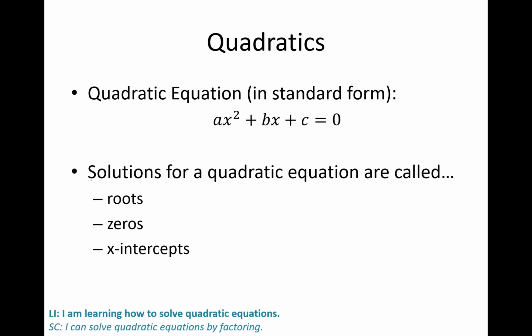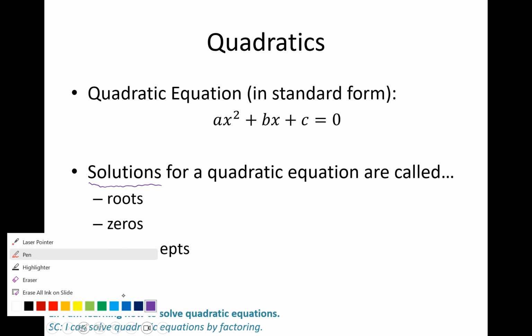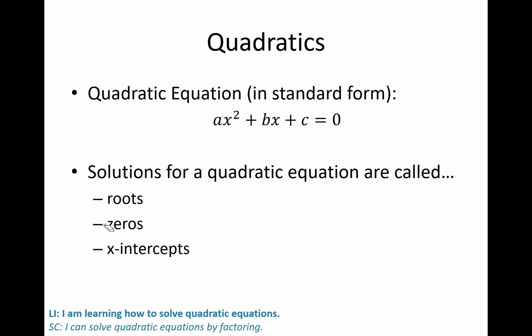So we have different words for the answer to a quadratic equation: the solution, or the roots, or the zeros, or the x-intercepts. We'll talk about each one a little bit more when we are using it in that context. For now, we're mostly going to talk about roots and zeros, more zeros maybe. X-intercepts we'll talk a little bit more about when we're graphing.